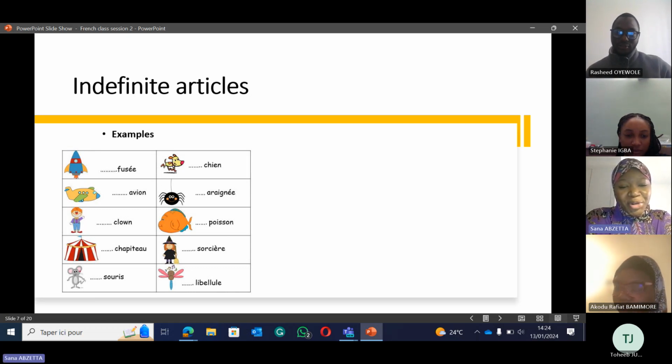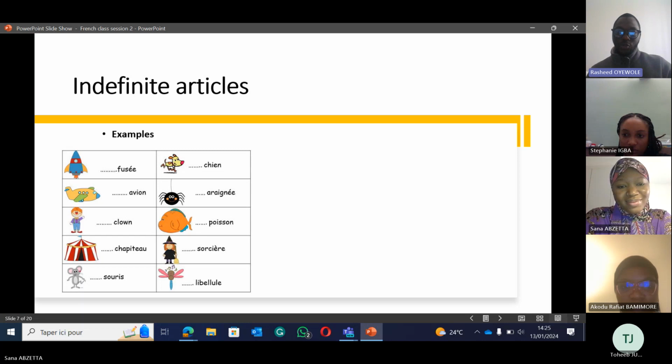Let's move to the spider. Here the rule applies because there is an E at the end. So you can know that araignée is a feminine word. So when it is a feminine word, what is the article that we should use?